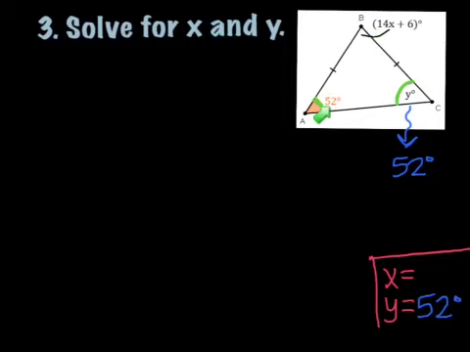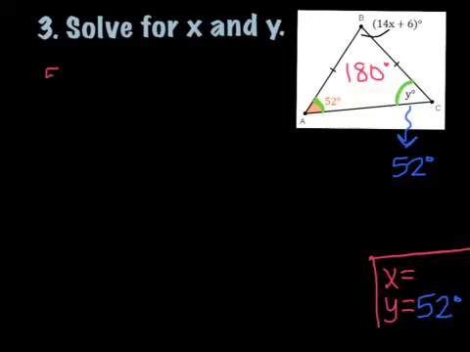So we know this is 52, this is 52, and what are we going to do to get this angle so that we can solve for x? Well, remember that all 3 angles have to add up to 180. So I can just set that equation up and I'll be able to solve for x.